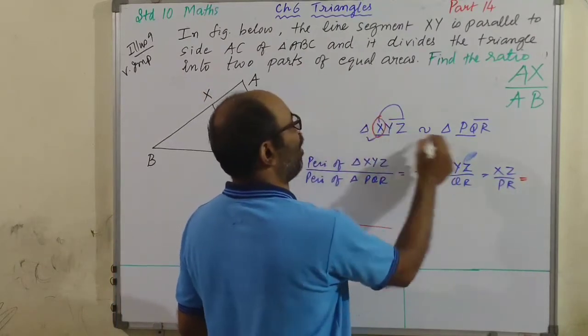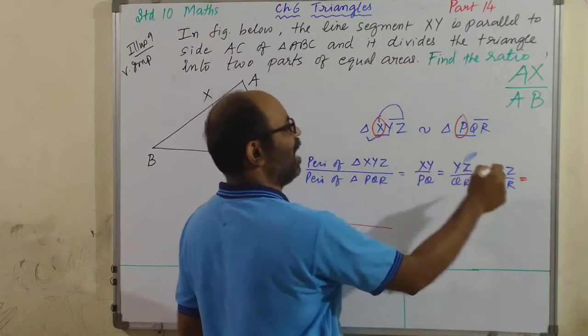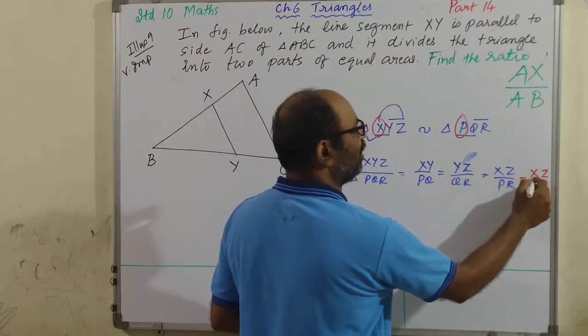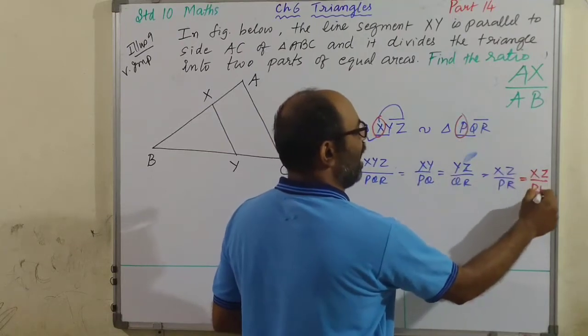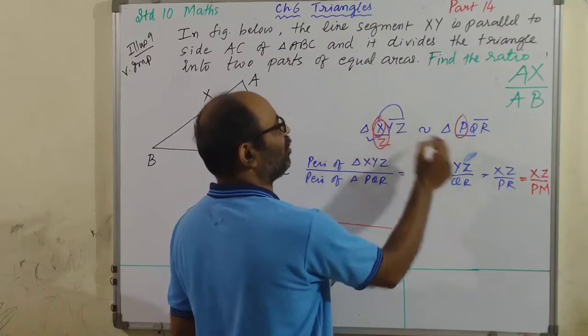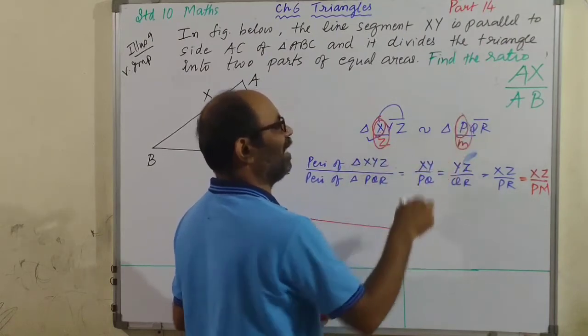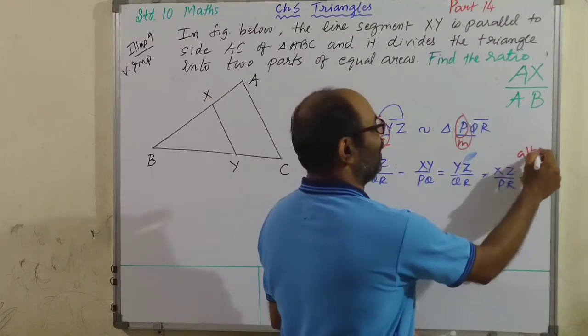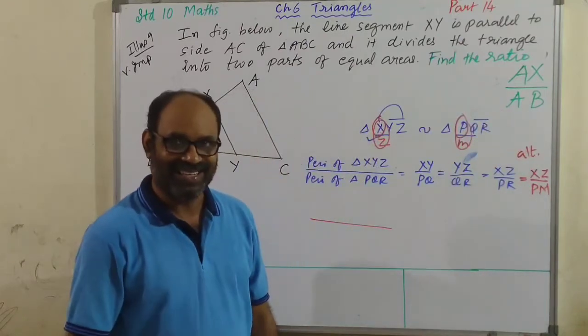If you take the first point, the top one, XZ, altitude, and PM, you can take any point. These are altitudes of the triangles.